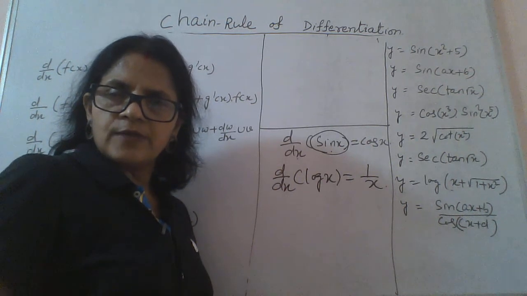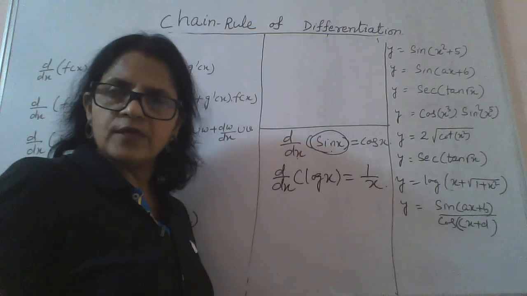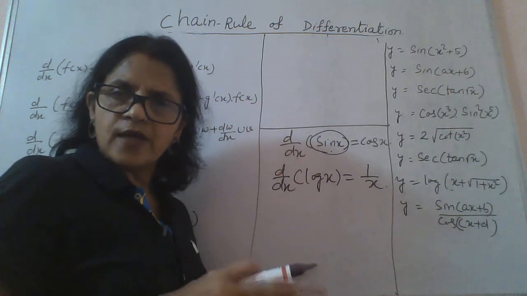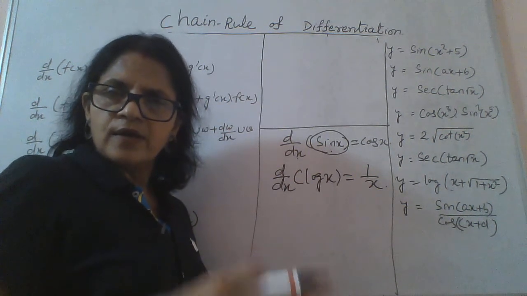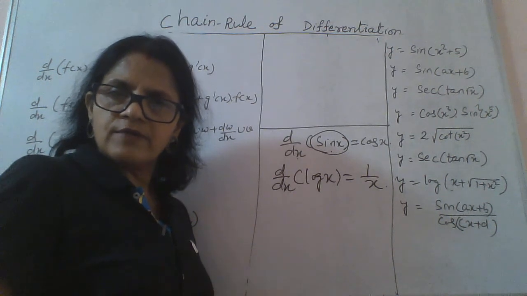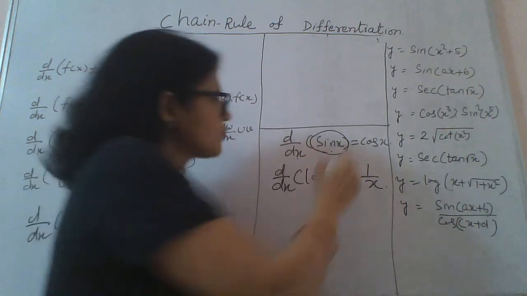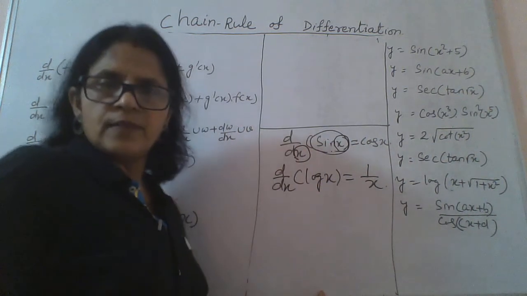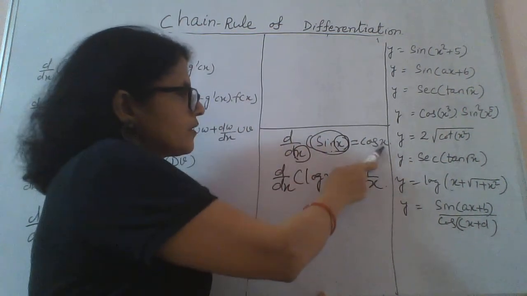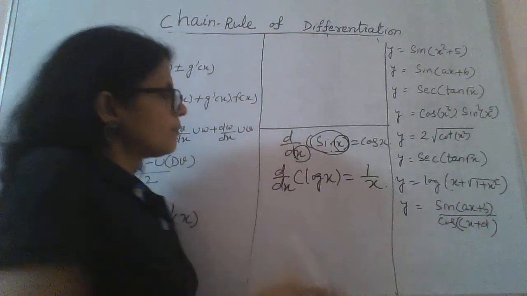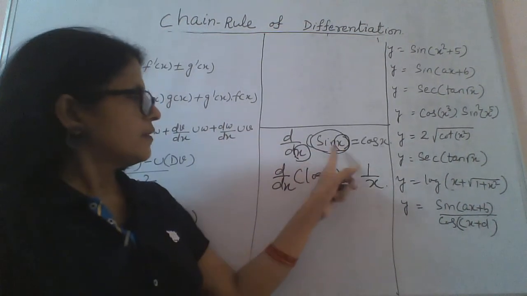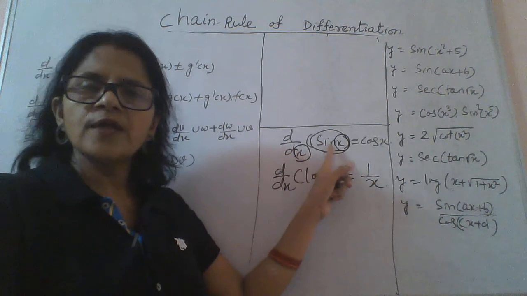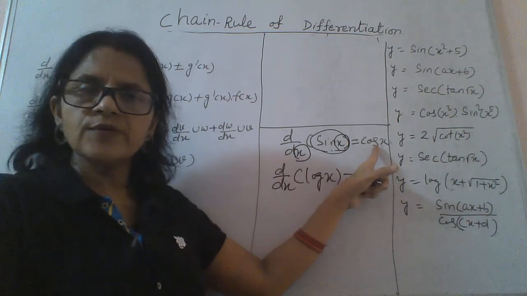Similarly, d/dx of sin x is the derivative of sin x with respect to x. Sin x is a function of x, and d/dx means derivative with respect to x. So with respect to the variable of which it is a function, we are getting the formula. If I replace x with y, d/dy of sin y will be cos y.